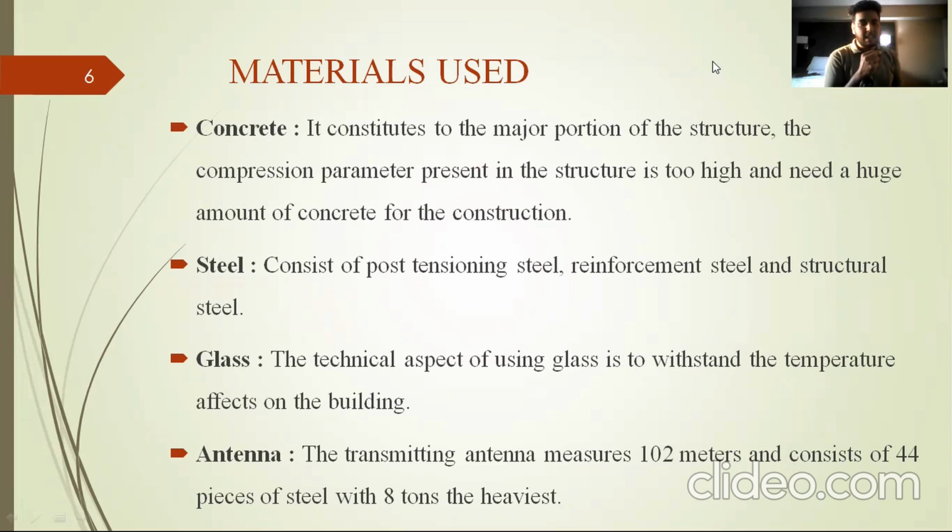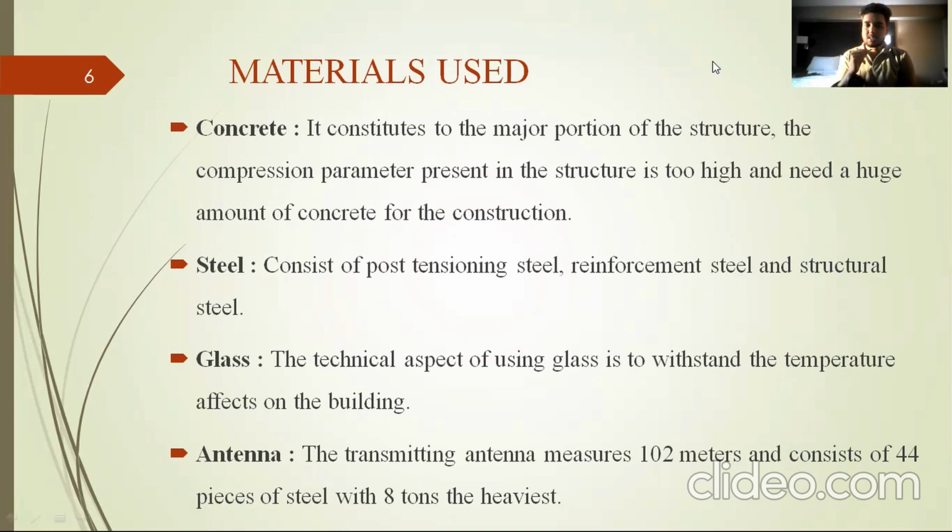The third thing is the glass. The technical aspect of the glass is to withstand the temperature effect on the building due to the extreme cold weather. Beyond that, from an aesthetic perspective, it looks cool, and for the visitors to the CN Tower, it gives a wide view of Toronto city.